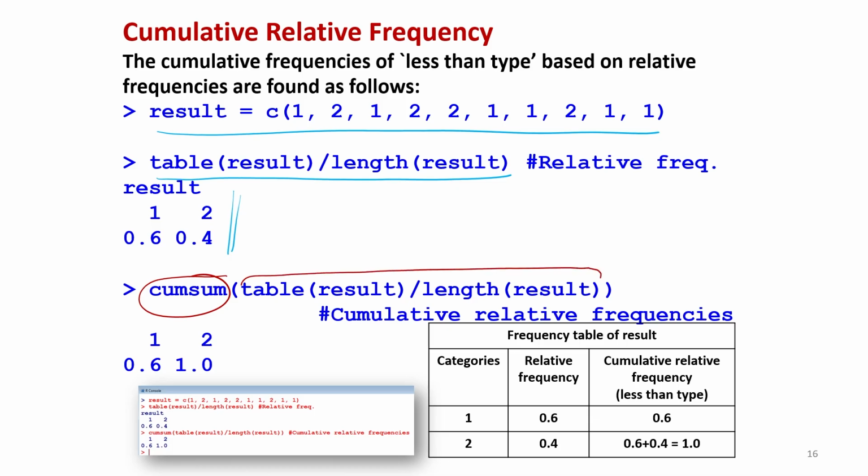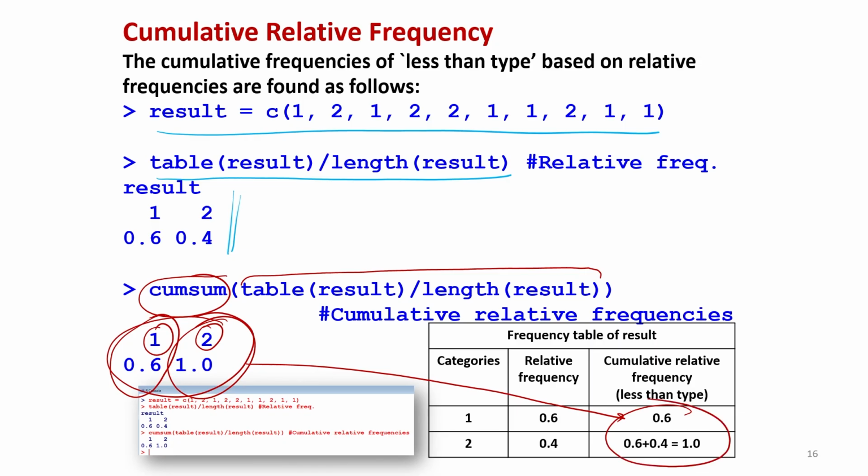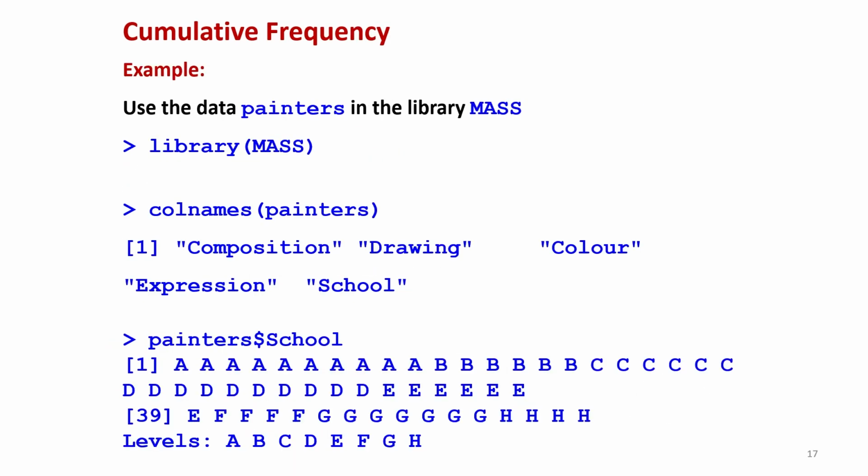The outcome comes out like this, where these are categories 1 and 2. The relative frequency of category 1 was 0.6 and the cumulative frequency of category 2 is 0.6 plus 0.4, which is 1. This matches the cumulative relative frequency which you found manually. It is not a very difficult thing actually, and I can show you the same thing in the case of painters also.